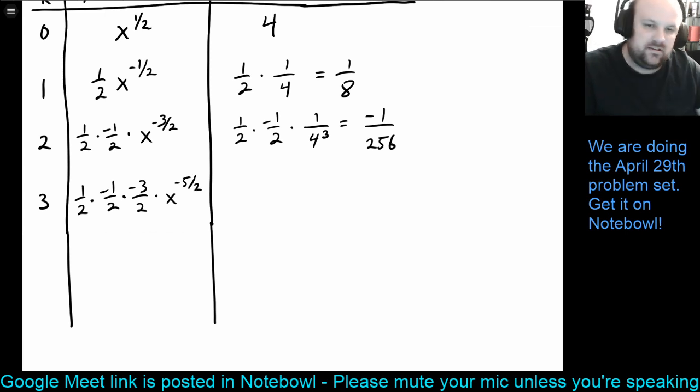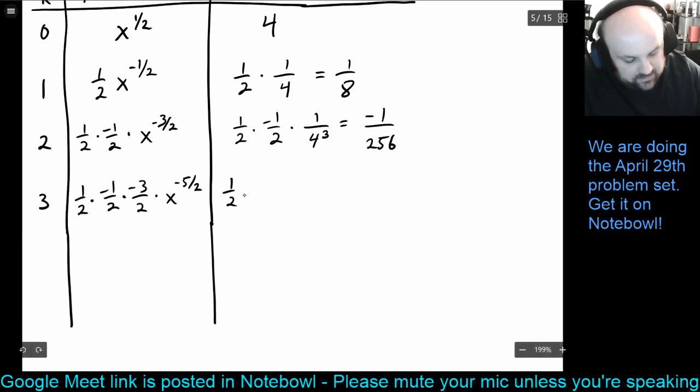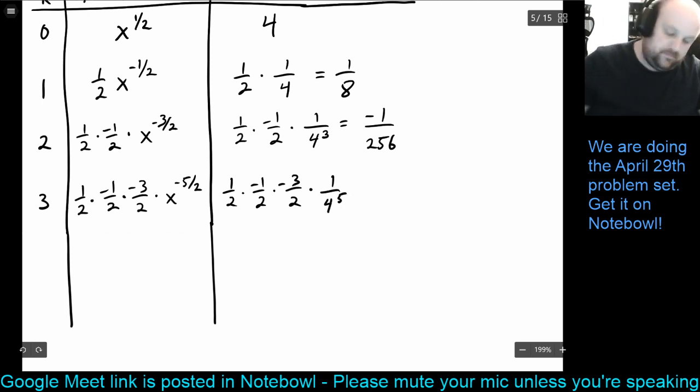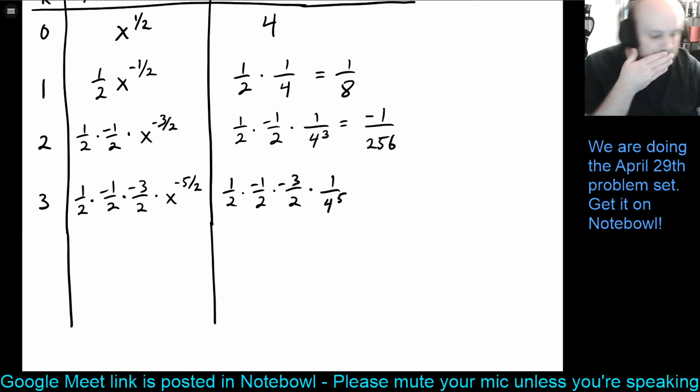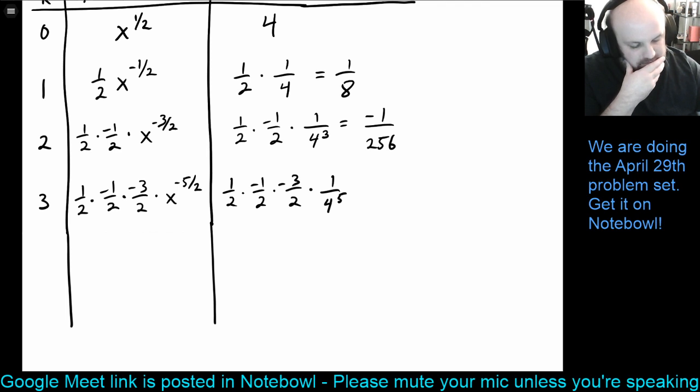And then we'll have 1/2 times minus 1/2 times minus 3/2, and then here we're going to get times 1/4 to the 5th. I don't know if looking at this simplified is going to be the most helpful.